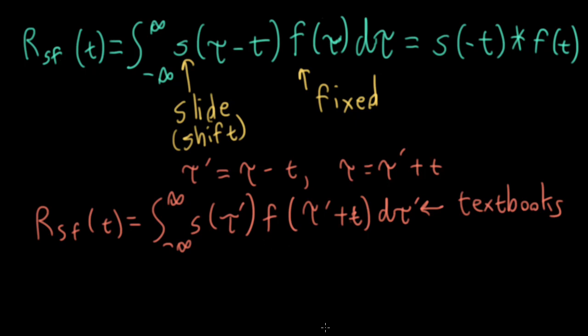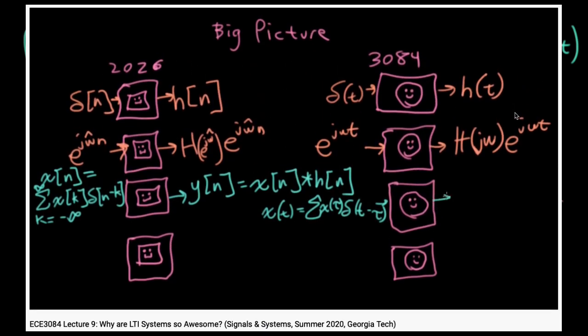Now, I've presented this material about cross-correlation from the standpoint of doing rangefinding as a way to motivate the operation of cross-correlation. Cross-correlation is a general operation that shows up in different contexts where S and F might represent different things. Similarly, when we introduced convolution, we motivated it from the standpoint of linear time invariant systems with a certain impulse response, and you could convolve the input with the impulse response to get the output.